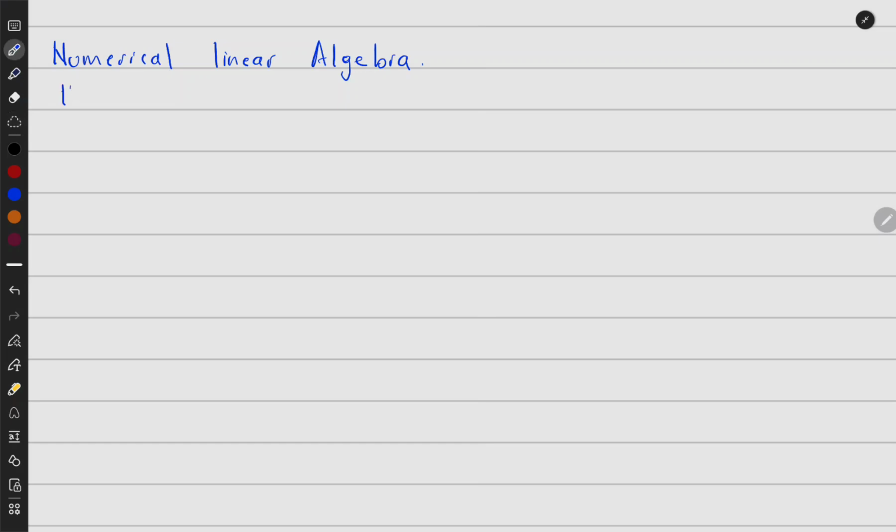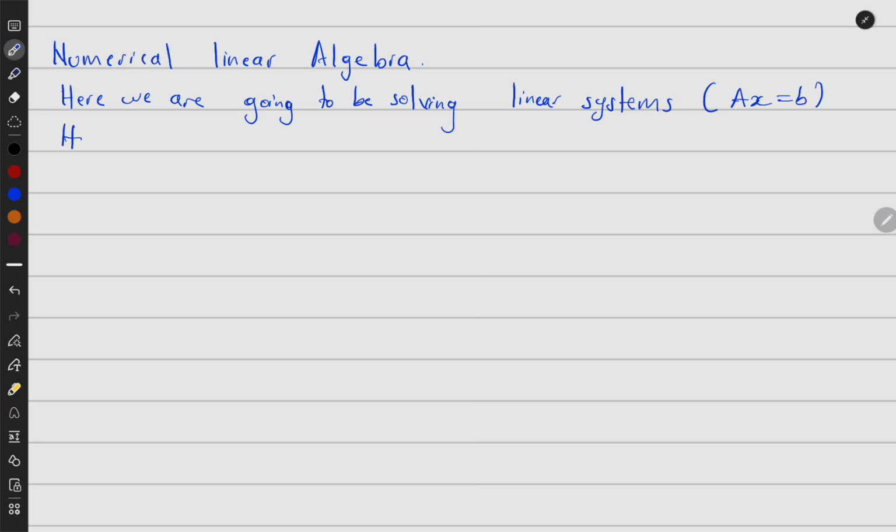So here we are going to be solving linear systems of the form Ax = b.